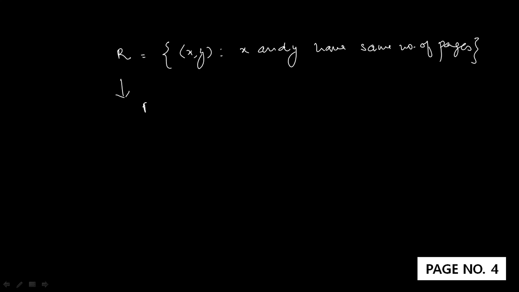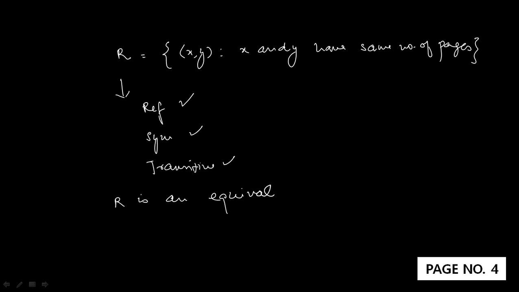Now if this one is reflexive, symmetric and transitive, suppose all the conditions hold good, now clearly we can write R is an equivalence relation. This one is the final answer.